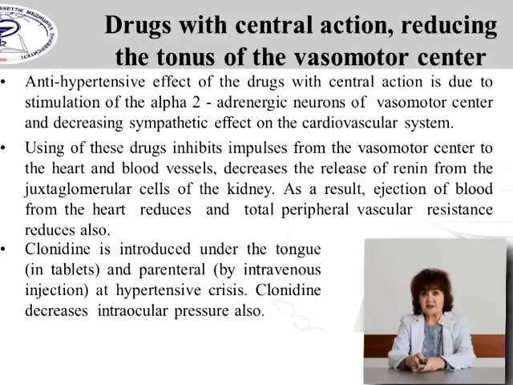Using these drugs inhibits impulses from the vasomotor center to the heart and blood vessels, and decreases the release of renin from the juxtaglomerular cells of the kidney. As a result, ejection of blood from the heart reduces, and total peripheral vascular resistance reduces also.